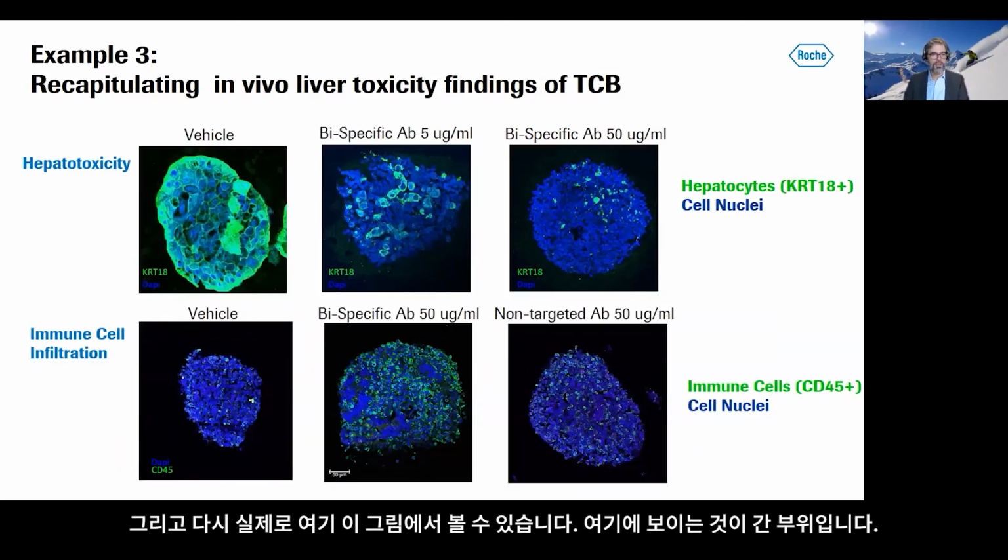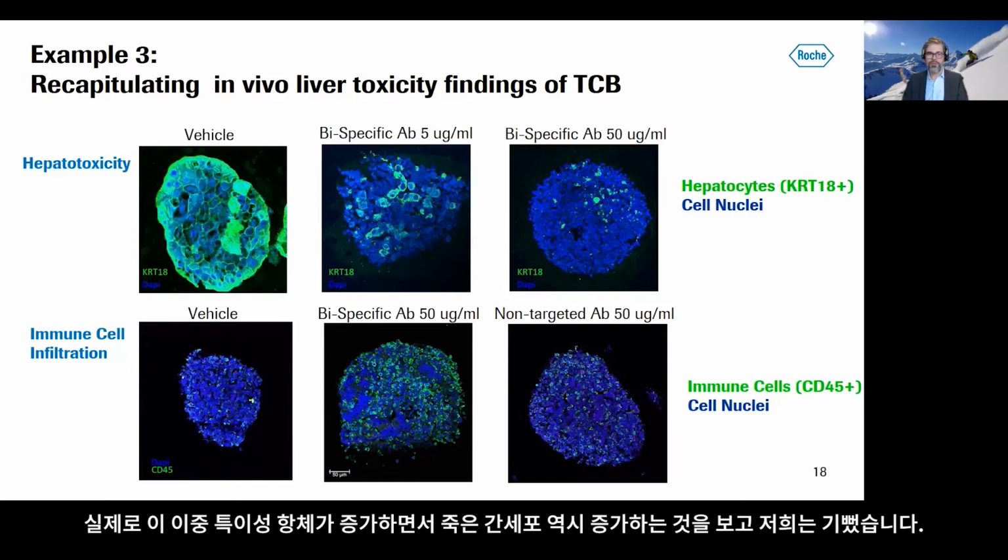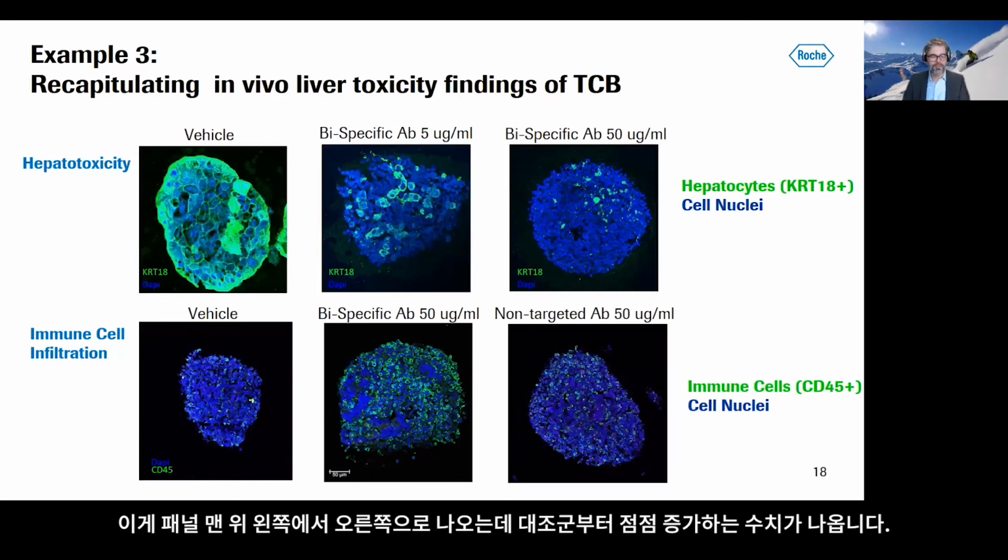And again, as you can see here on these pictures, this is the liver compartment we're showing here. We were quite happy to see that with increasing amounts of this bispecific antibody, we would also see increasing dead hepatocytes. This is on the top panel from left to the right, from vehicle to increasing concentrations.